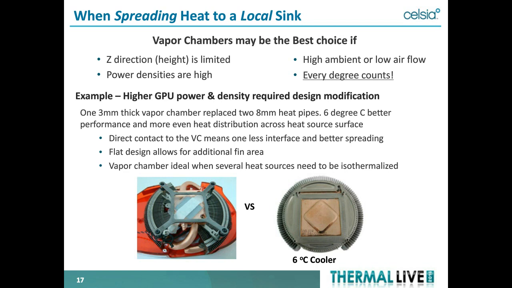So we replaced the two 8mm heat pipes with one vapor chamber. And what that did is it gave us a 6-degree better cooling versus the original heat pipe design. And the reason for that was just better spreading and, in this case, more fin area, because the bent heat pipes took up some space for the fins.